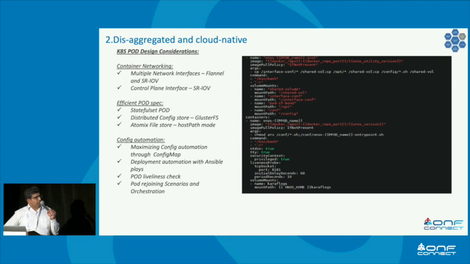We use a config map to completely automate all configurations coming into the ONOS pod. So if we lose a particular ONOS pod, another one comes in. It has the identity to get the same IP address and the net configuration, and after that all the operational state is synchronized to the new instance. That's how we make it fault tolerant.